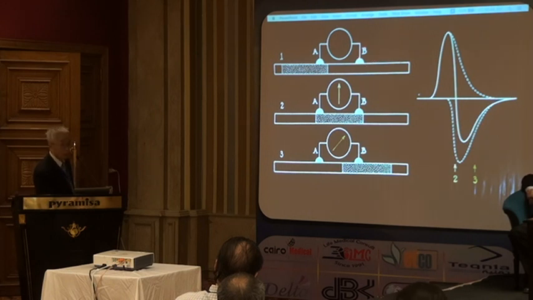Electrode B is positive because it's outside the axon. Here inside is plus 20, and outside is negative. So now you record the potential difference between A and B, and in this particular setting, A is negative to B. And this is what we now call E1.